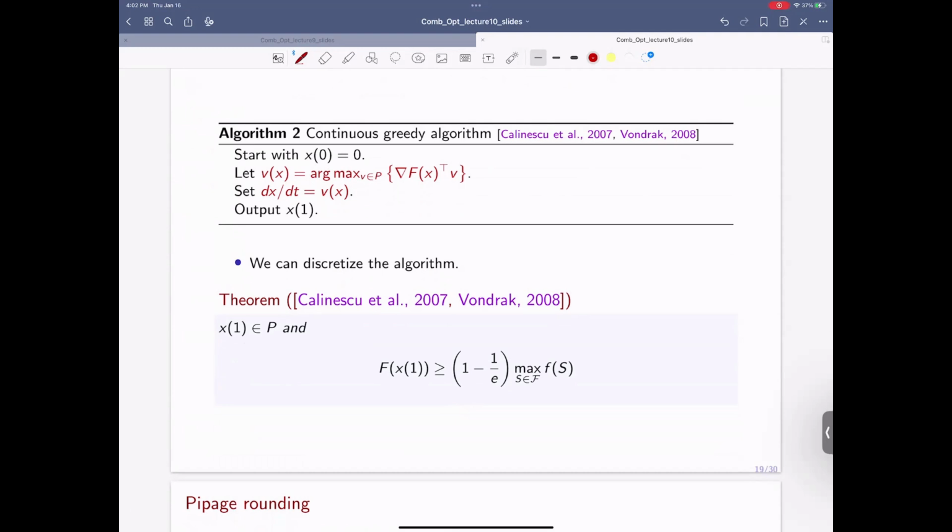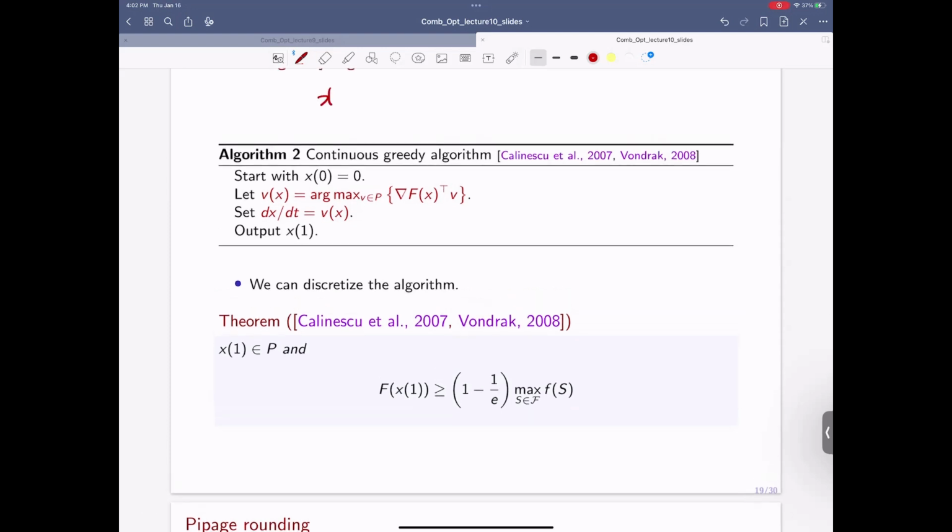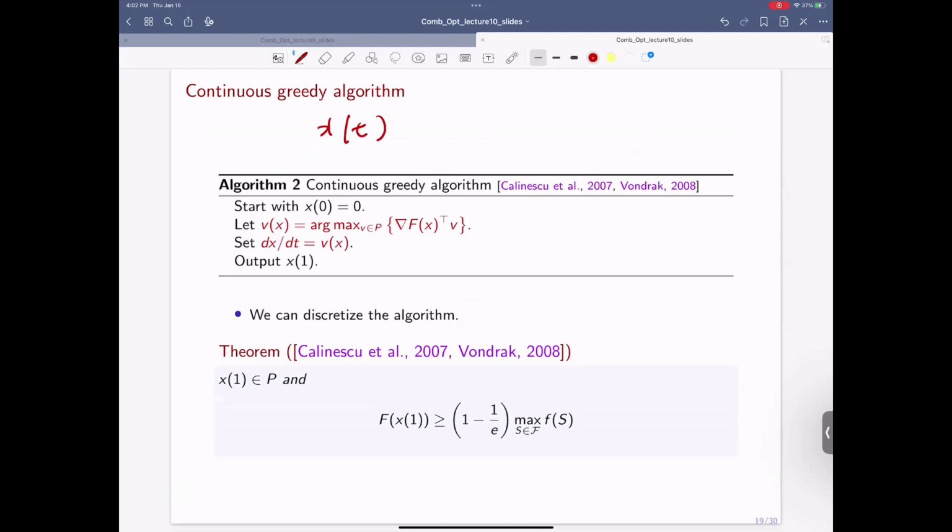So there's this algorithm called the continuous greedy algorithm. This is a continuous trajectory, so this algorithm is not discrete. Let's look at this. You have this trajectory of the solution x of t, where t is the time index.